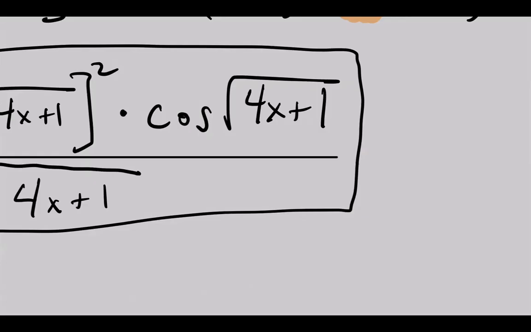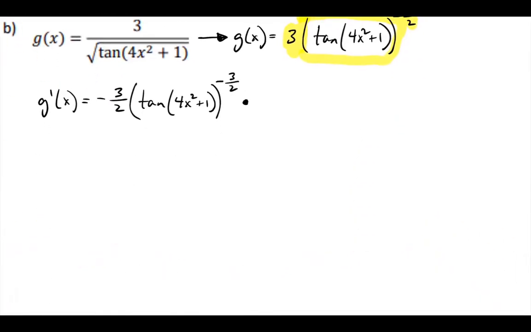So what I'm going to do here is put secant squared. Everything else stays the same.